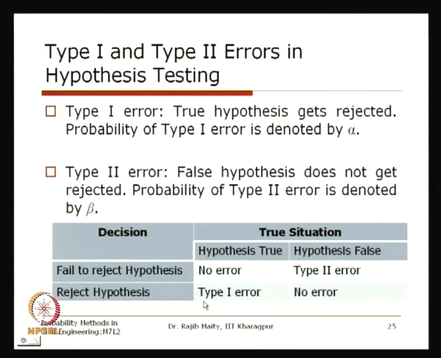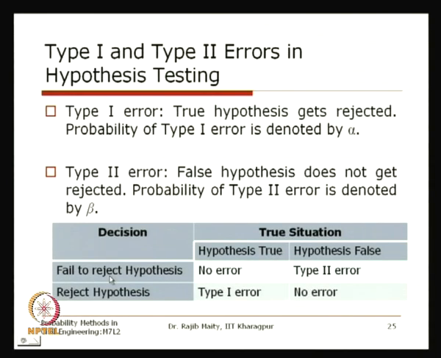If I look at this table, the true situation is that the hypothesis can be true or false, and the decision taken after the hypothesis testing is either to fail to reject or to reject it. If we fail to reject the hypothesis when it is true, then obviously there is no error; the right thing has occurred.